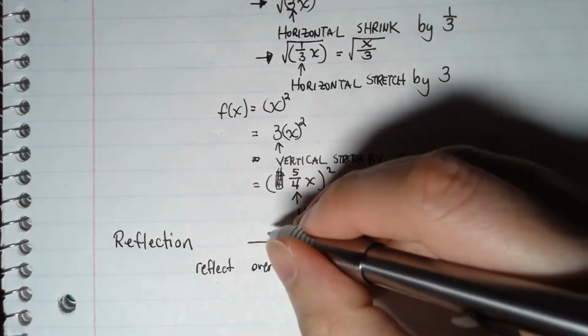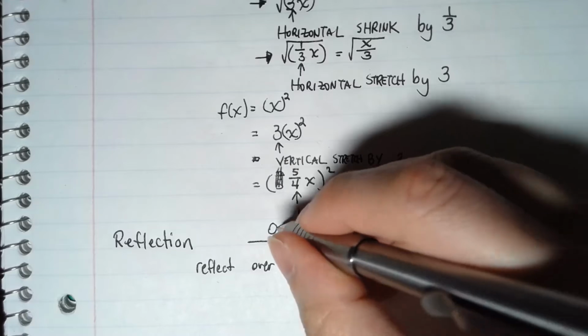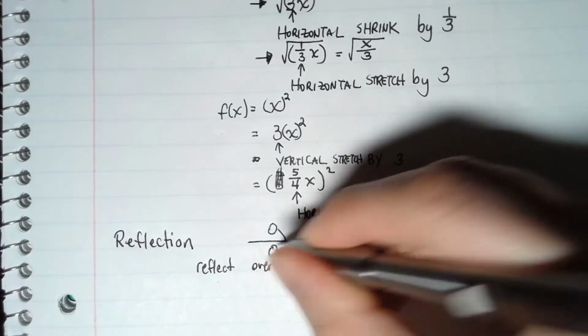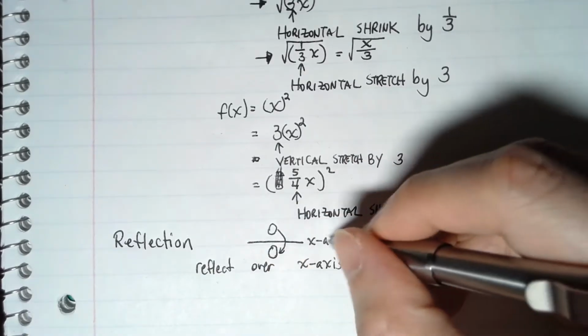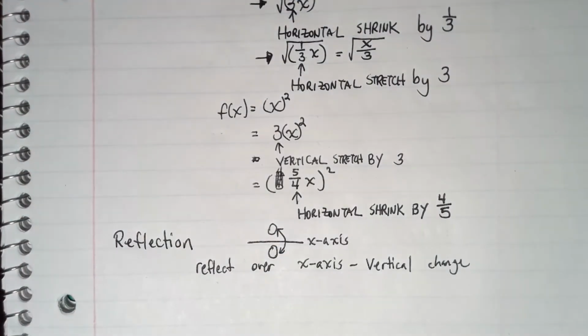As you can see right here, if you have something above and you reflect over the x-axis, it's now below. If it's below when you reflect over the x-axis, it is now above. It's a vertical movement. It's a vertical change. And as by now, you hopefully understand, a vertical change happens when there's something changing outside the parentheses.